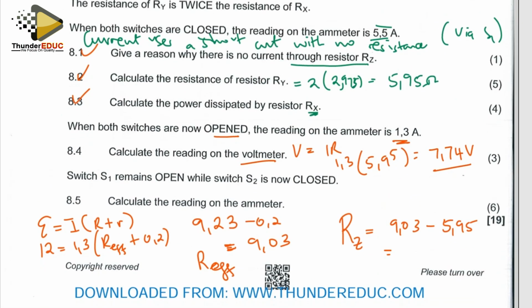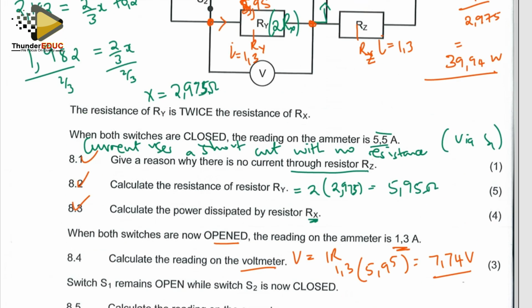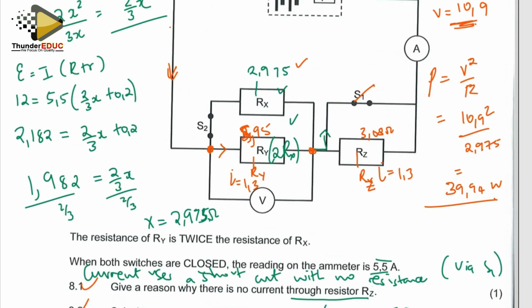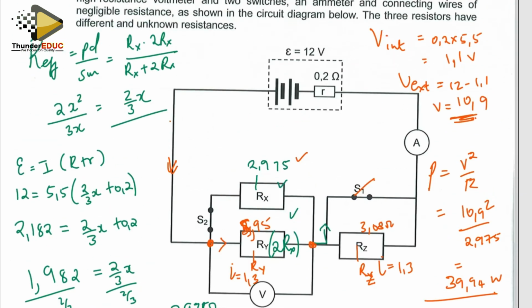Is that okay? Okay. Then we say we are subtracting 5,95. That gives us 3,08 ohms. Okay. So this is a 3,08 ohms kind of scenario. All right. What I need is the current. Good.